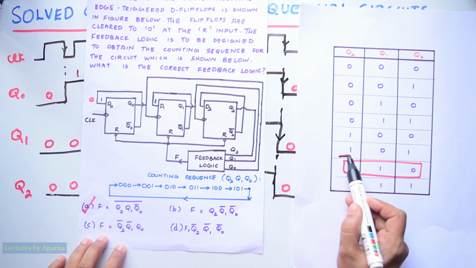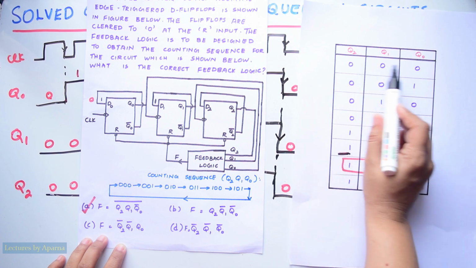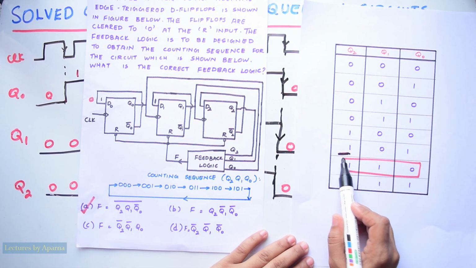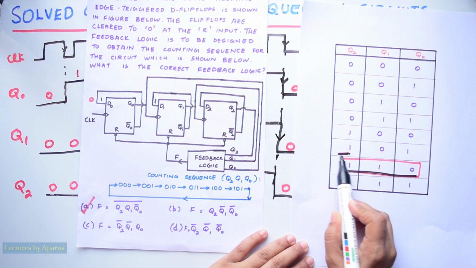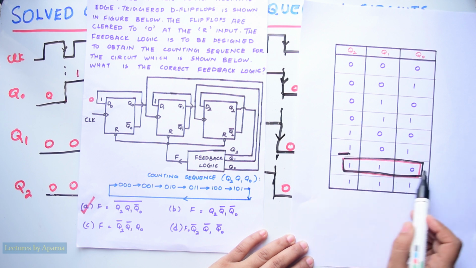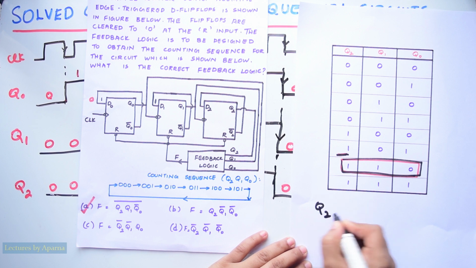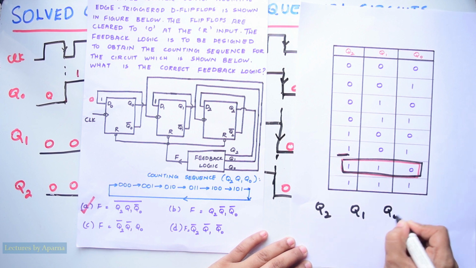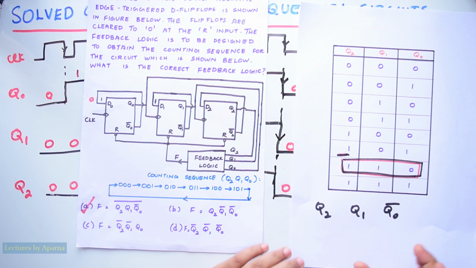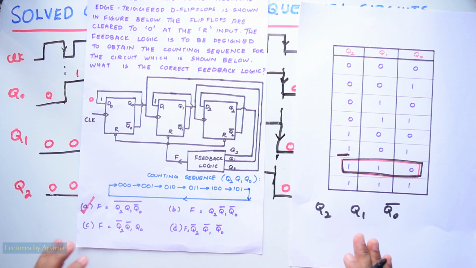So only up to this the counting happens, and after this it will go back to 000. So the condition where the flip-flops have to be reset is this 110. That is when Q2, Q1 and Q0 bar come at the input of some logic circuit, the output of that circuit must give 0 to clear all the flip-flops.